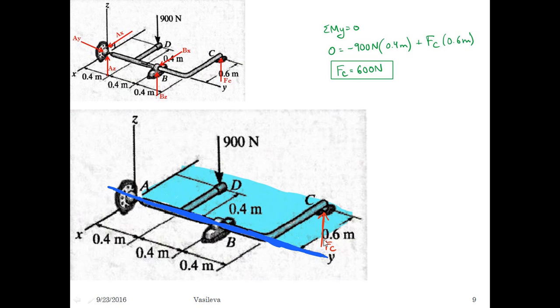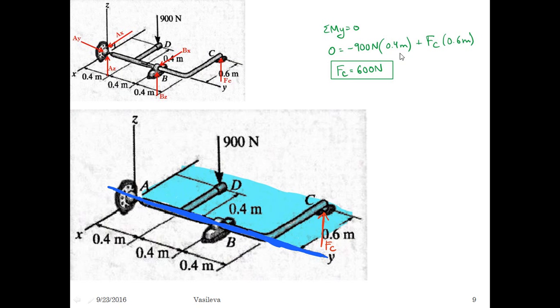Then we look at FC. FC would be pushing upward on the plane, so it would cause a rotation in the opposite direction. That means your thumb will end up pointing in the positive y direction, so we're going to have a positive moment: FC times the perpendicular distance, 0.6 meters.